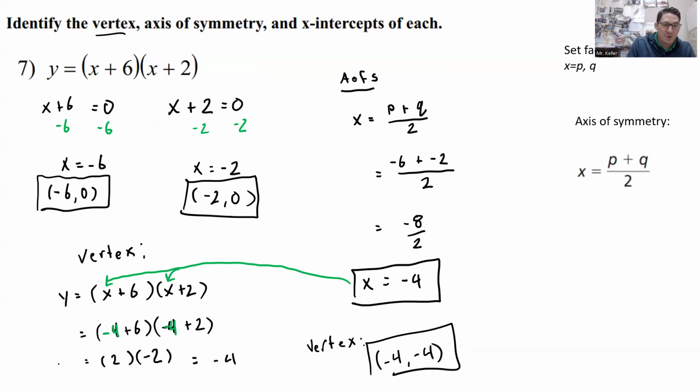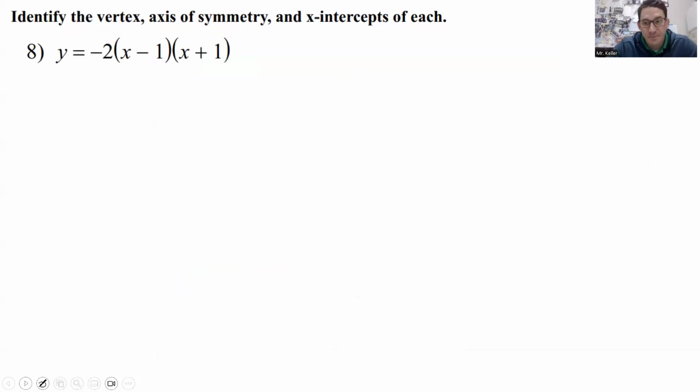So let me do another one that's a little more organized, with more space to move things around. Starting off, I don't care about the 2 when I'm finding the x and y intercepts. I'm just going to take my two factors, x minus 1, set that equal to 0, and x plus 1, set that equal to 0. Then solve each.